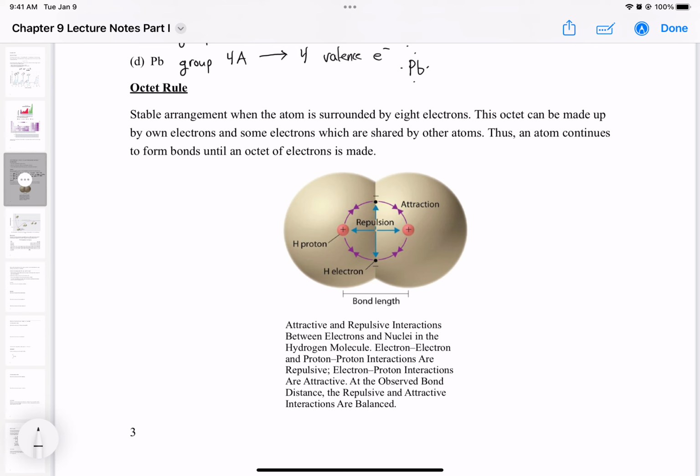Okay, so when two atoms, so you see in this picture, two atoms, they're going to be attracted to each other because of the natural forces of positive and negative, but eventually there comes a point where they approach each other, and the opposing forces of attraction and repulsion are going to make a concession and say, okay, this is the best possible arrangement that we can kind of agree to.